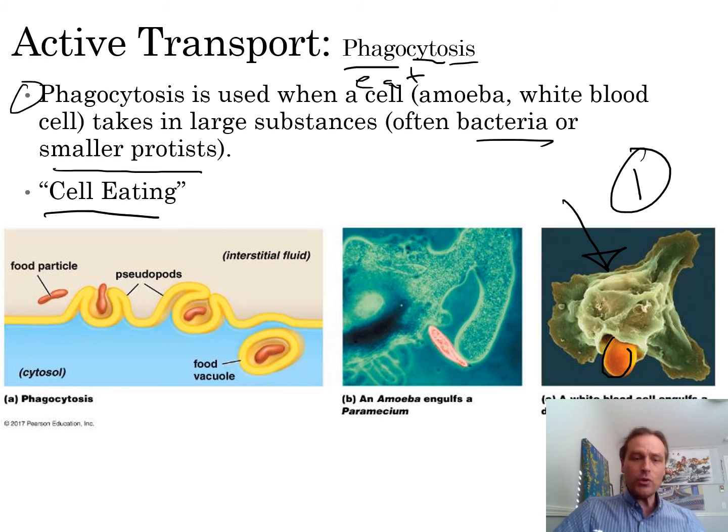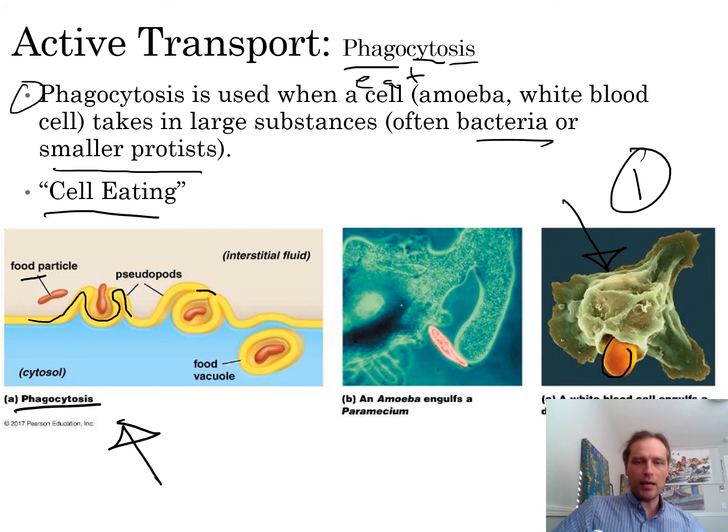So now the details of it. A, this one here, phagocytosis, some type of a food particle. It could just be food, could be a bacteria. Firstly, the cell is going to essentially wrap its membrane around that smaller cell or smaller food particle.